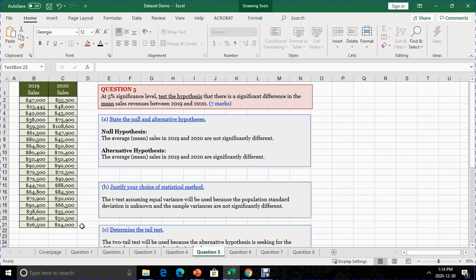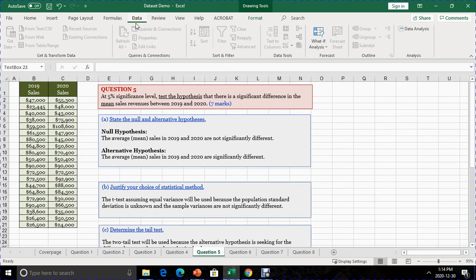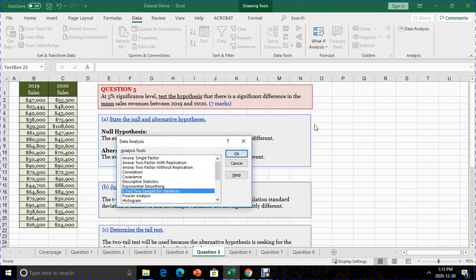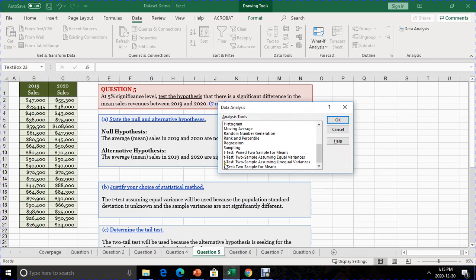So to do this, we go to data, select data analysis, and now we look for t-test because the method that we have to use is going to be t-test. Now you notice that we have t-test two-sample assuming equal variances, and we also have t-test two-sample assuming unequal variances.